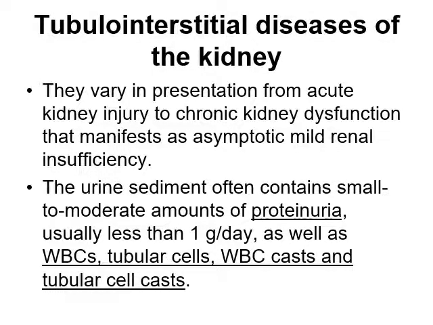tubular cells in the urine, and white blood cells in the urine, as well as white blood cell casts and tubular cell casts. What does it mean? As we understand, in tubular interstitial disease, the disease is in the tubule, not in the glomerulus.